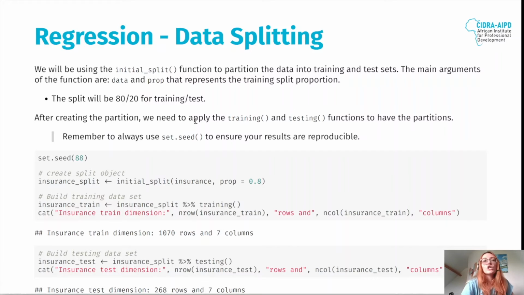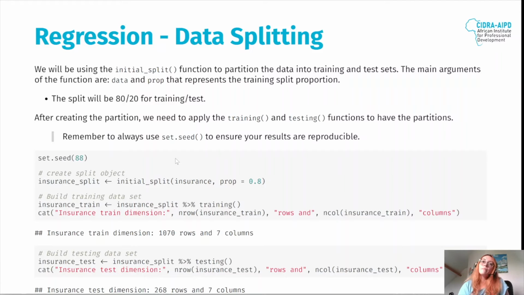So you can see here, first of all, you always set the seed to ensure that your results are reproducible. If you don't set the seed, anytime you run this example, you would probably have different splits.